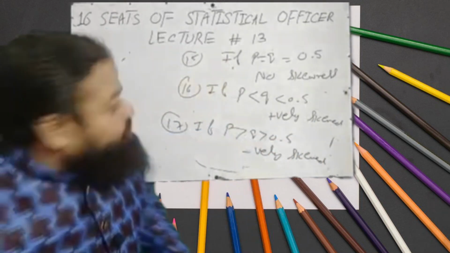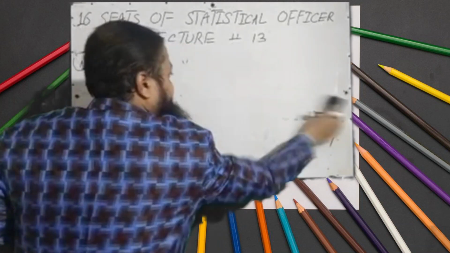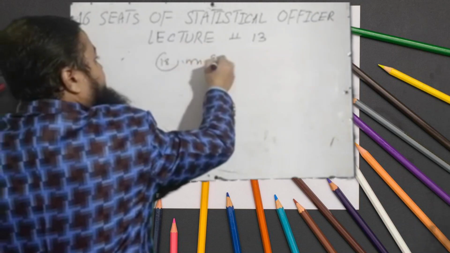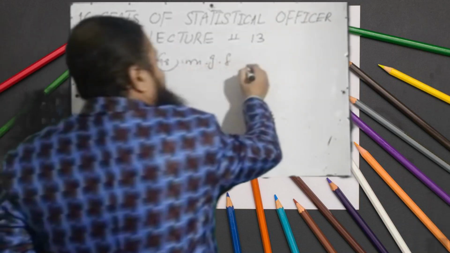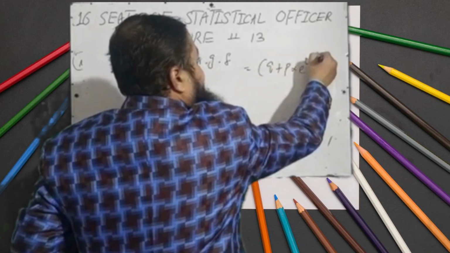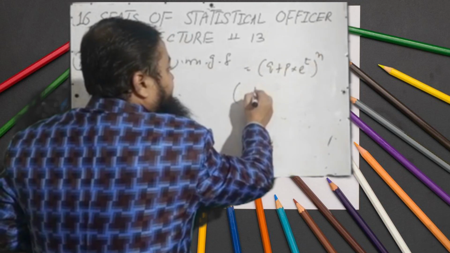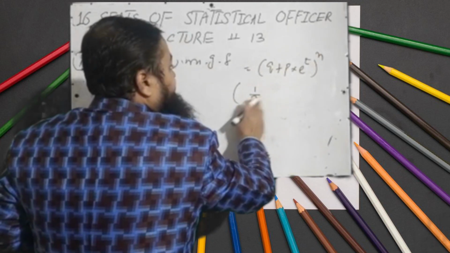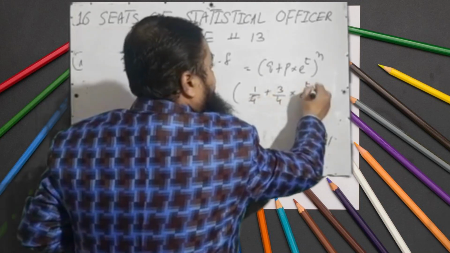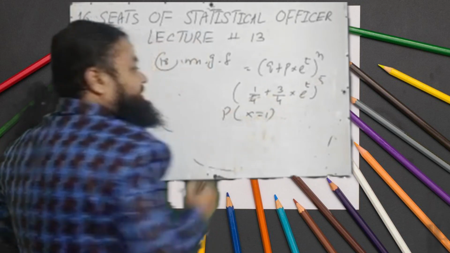Next question is moment generating function of the binomial distribution. MGF, moment generating function, is q plus p into e raised to t whole power n. And if, for example, in the exam the question is given like 1 by 4 plus 3 by 4 into e raised to t whole power 5, and you are to calculate, for example, probability of 1, how will you calculate?